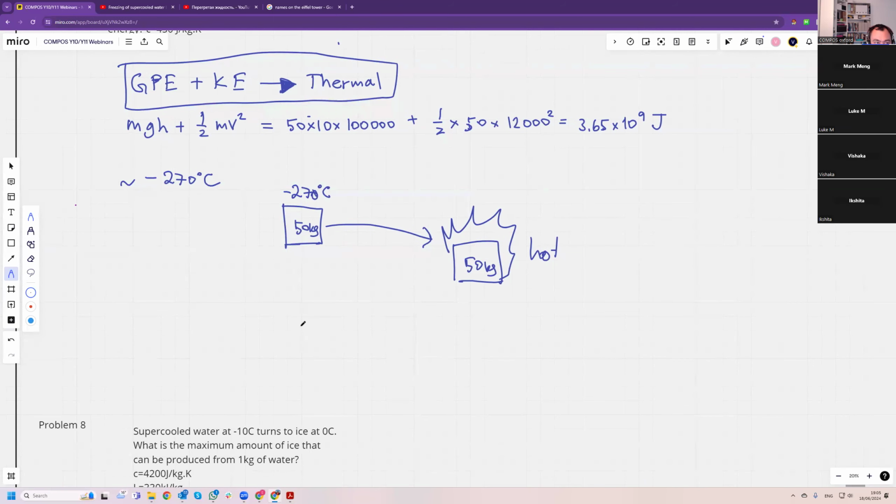So we can say that energy total is equal to mc delta t.